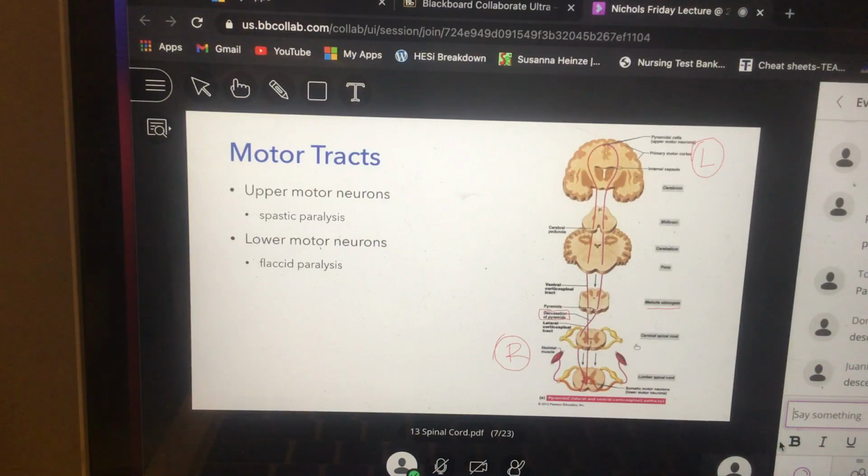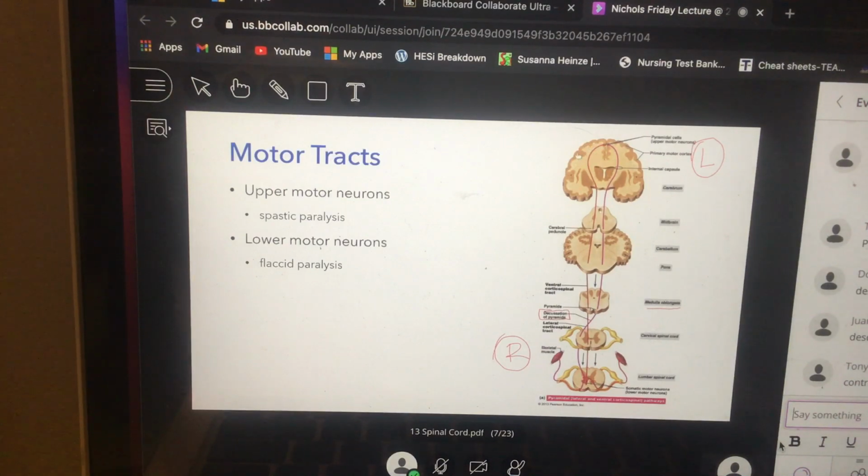What is the term, just to review, that we use for talking about how the brain controls the opposite side of the body, or feels the opposite side of the body? What's the word for opposite side? Yeah, contralateral. Where is this motor cortex on the brain?